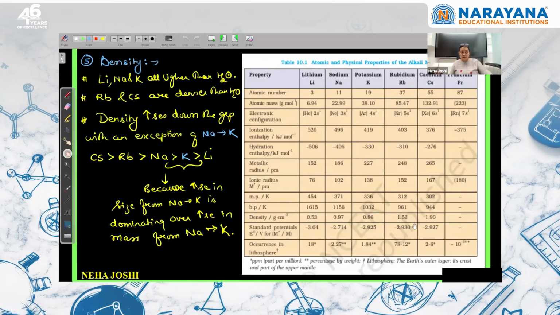If you see, Li plus to Li is minus 3.04, so Li to Li plus is plus 3.04. So the ease of oxidation from lithium to lithium plus, despite having the highest ionization enthalpy, is highest.